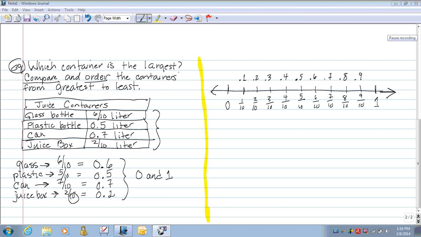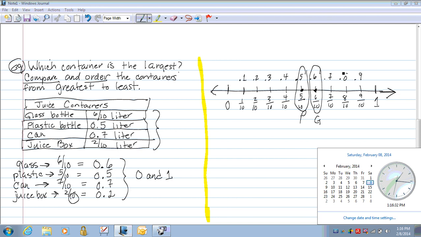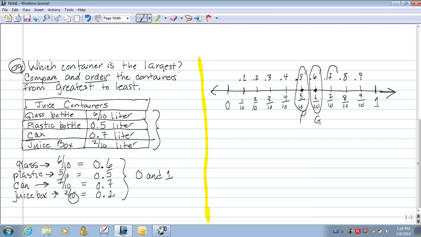The glass is 6/10, so right here is the glass. The plastic is 5/10. Here's 5/10. I'll draw dots on there. The can is 7/10. And our juice box is just 2/10. So I'll put JB for juice box.